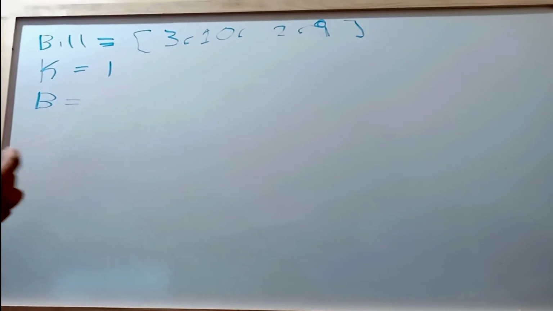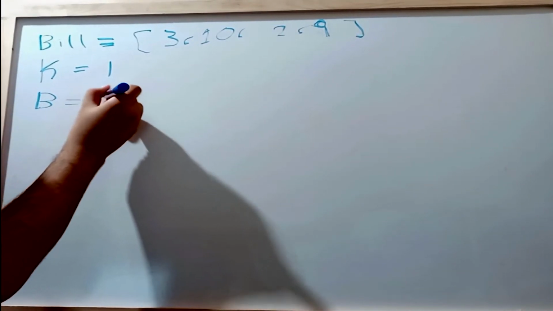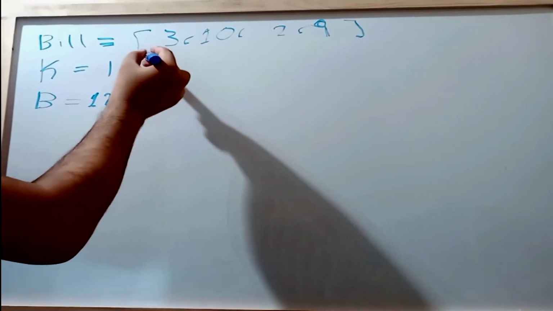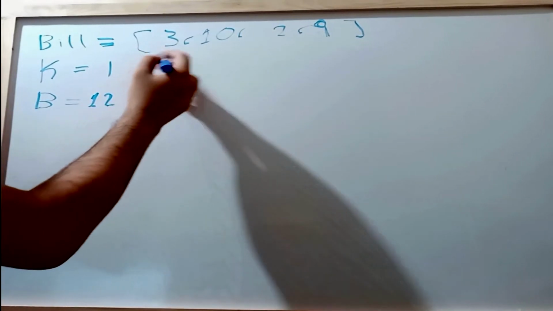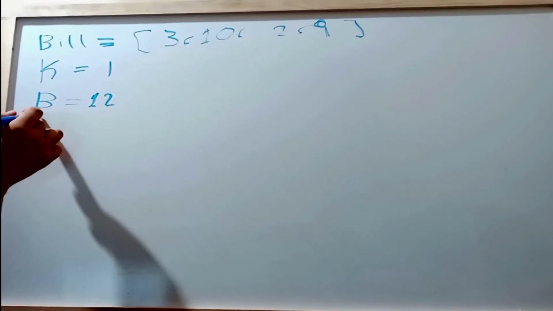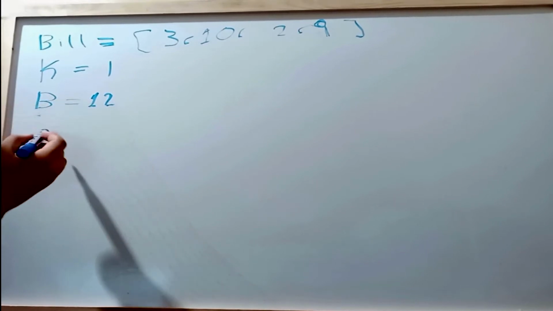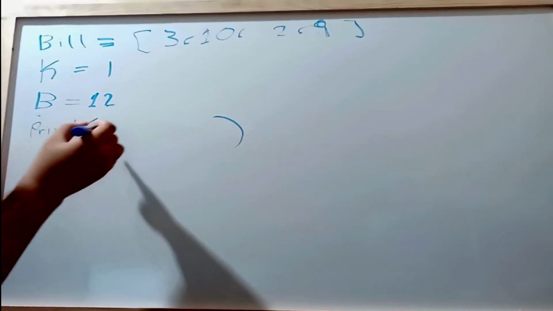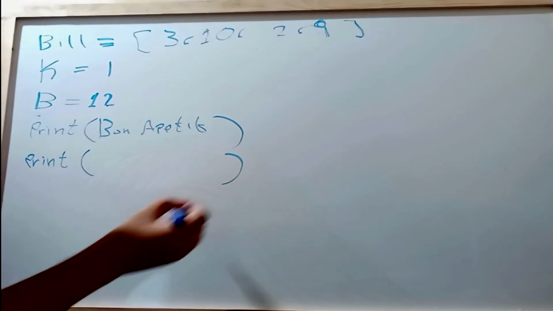In the first scenario it would be 12. The challenge wants us to calculate how much Anna should pay, and if b, the amount that Brian charged Anna, is correct, we should print the challenge name, Bon Appetit. Else we should print the correct amount.